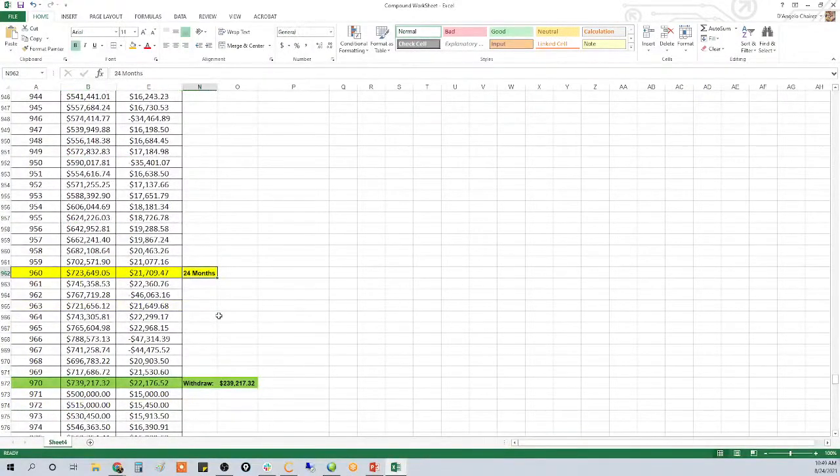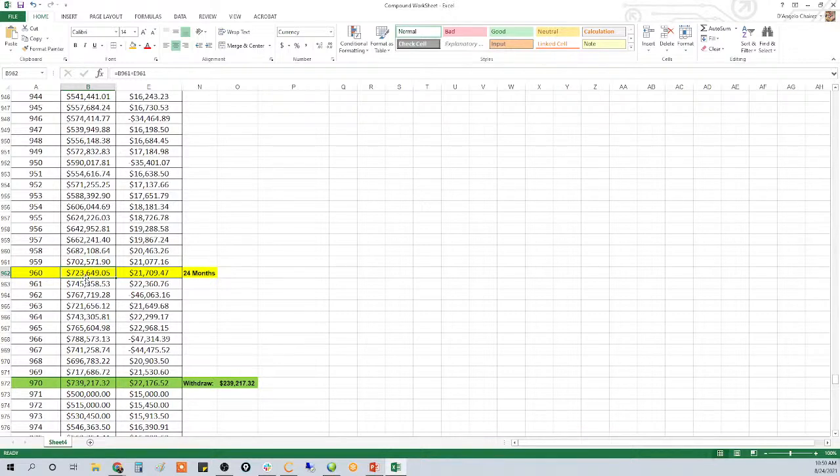This is 24 months. So right there, we've already withdrawn $500,000. That's 2 years, and we've withdrawn $500,000, and now our account is at $723,000. So if you're doing the math, you already almost have $1 million.